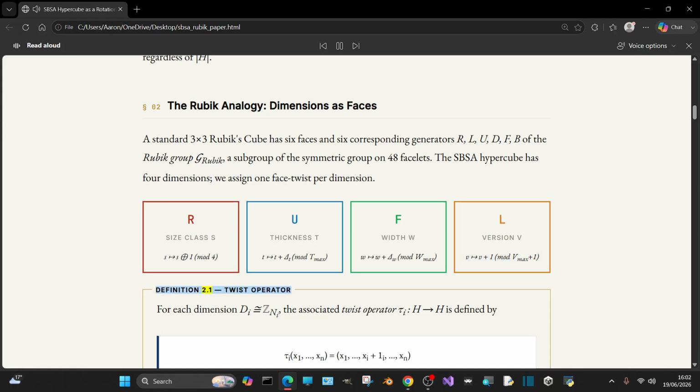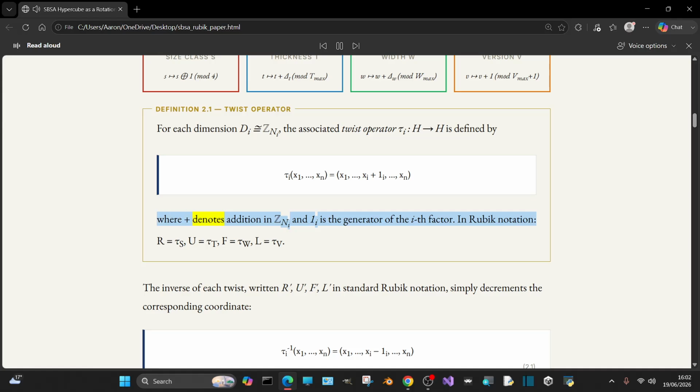Definition 2.1, twist operator. For each dimension d_i approximately equal to n_i, the associated twist operator is defined by τ_i(x_1, ..., x_n) equals (x_1, ..., x_i plus 1, ..., x_n), where plus denotes addition in Z_{n_i} and 1_i is the generator of the ith factor.